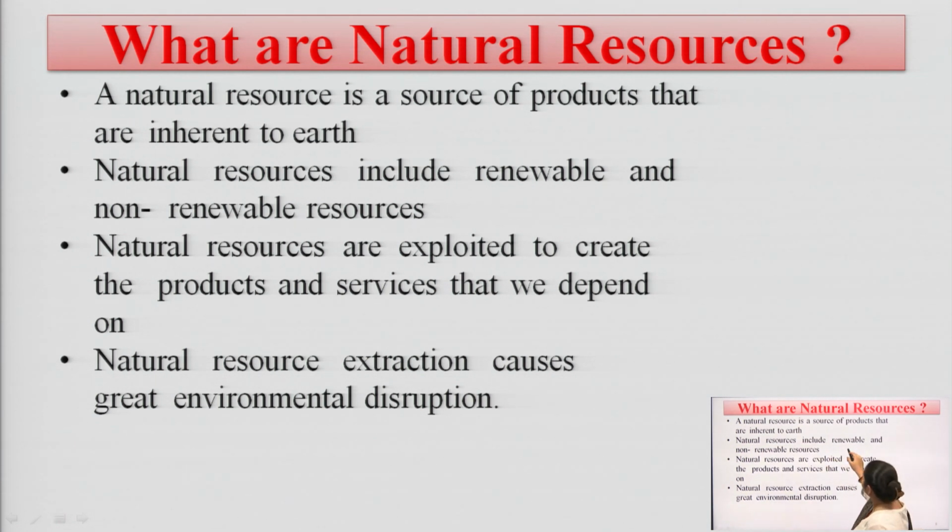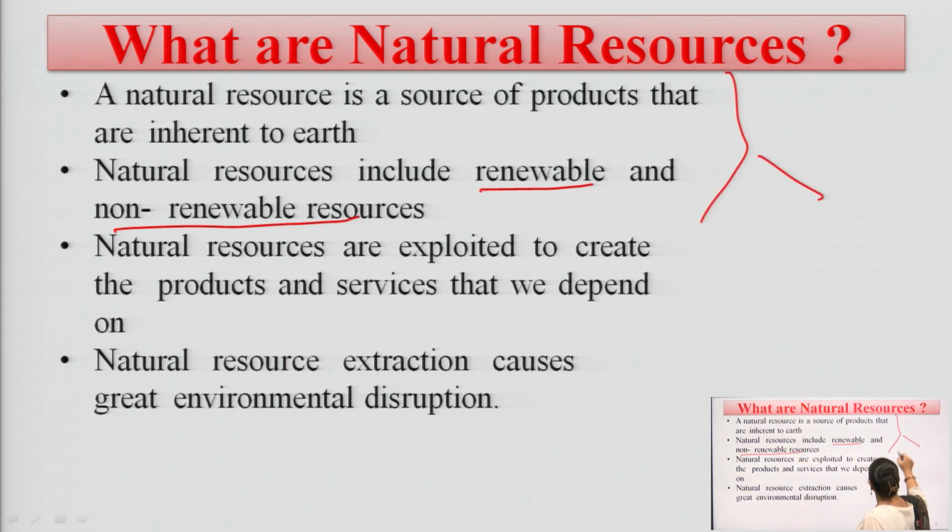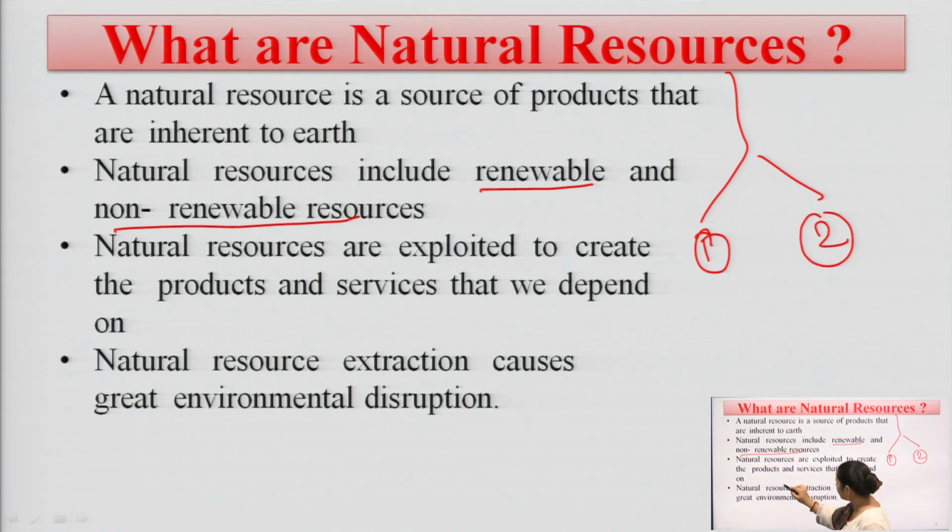Natural resources include renewable as well as non-renewable resources. Means our natural resource is classified into two parts. First is renewable and second is non-renewable resource. Here you also see that natural resources are exploited to create the products and services that we depend on.